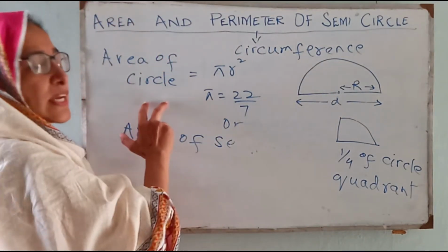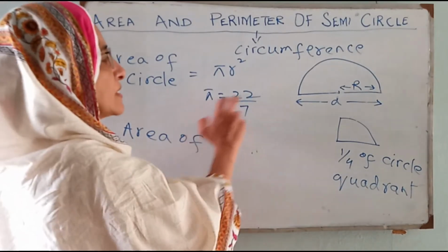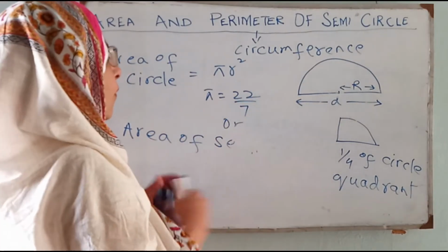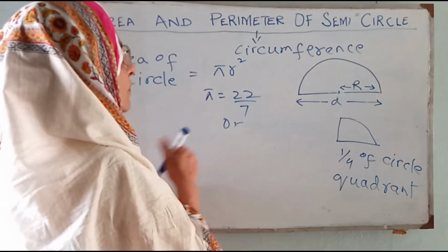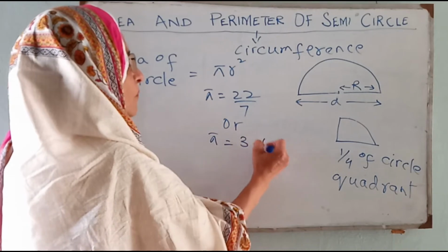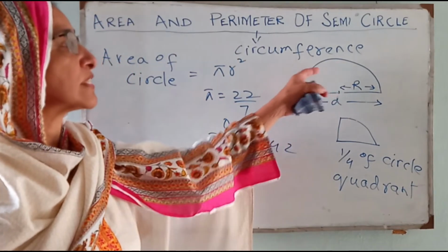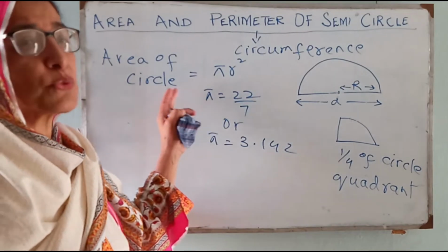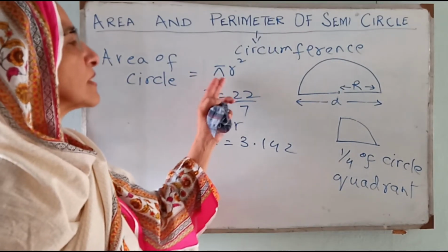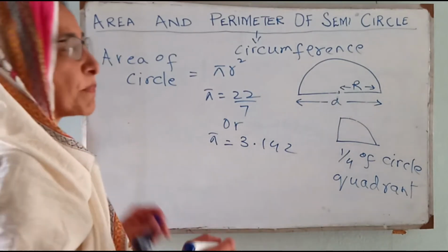Now we know that the area of a circle is pi r square, where pi is equal to 22 by 7, or the value for pi is 3.142. When we are talking about half of the circle, whatever is the formula for the area of a circle, we are going to divide that by 2.